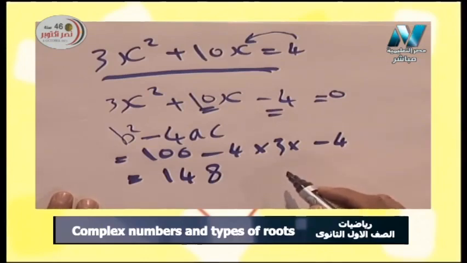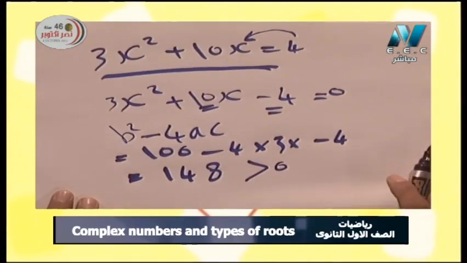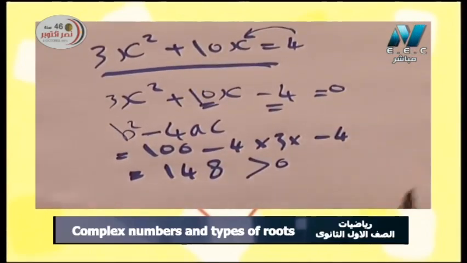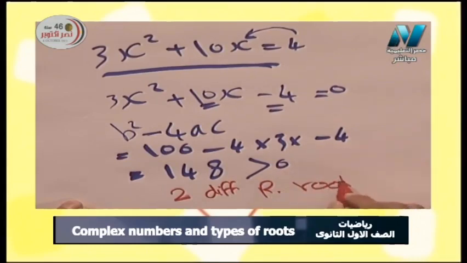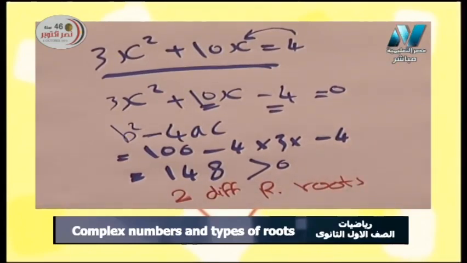What about this number? This number is greater than 0. So, my dear students, try to predict the type of the two roots. Yes, the two roots are two different real roots. Okay, we will now go through another example.